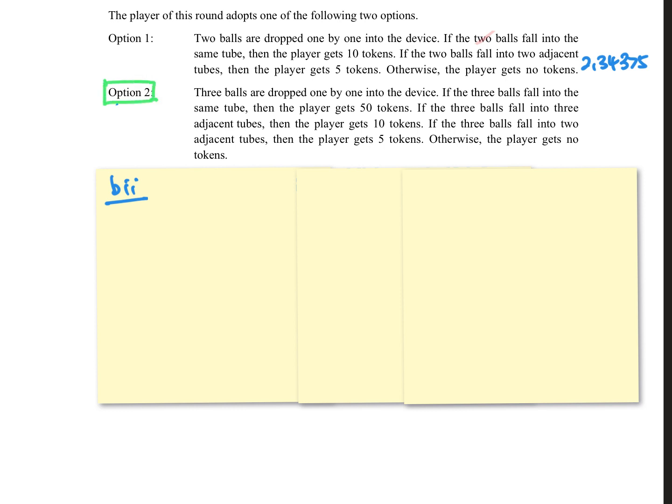So this time we have 3 numbers. But before we look into that, it could be either 50 tokens, 10 tokens, or 5 tokens, or 0. Just like in B1, tokens and then probability.